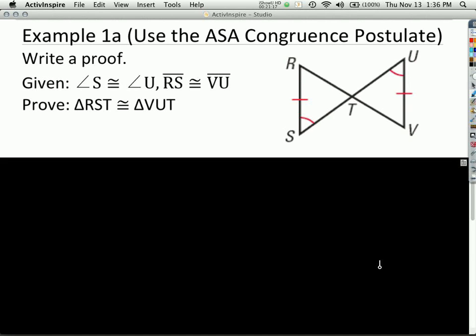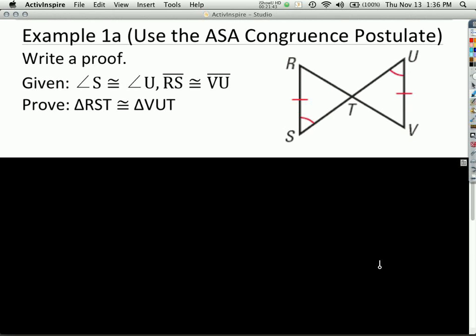Now let's rewind for a moment and let's go way back to side, side, side. With side, side, side, how many concrete pieces of evidence do you need to prove it, to use it? Caleb? 3. With side, angle, side, how many concrete pieces of evidence do you need to use it to prove your case? John? 3.